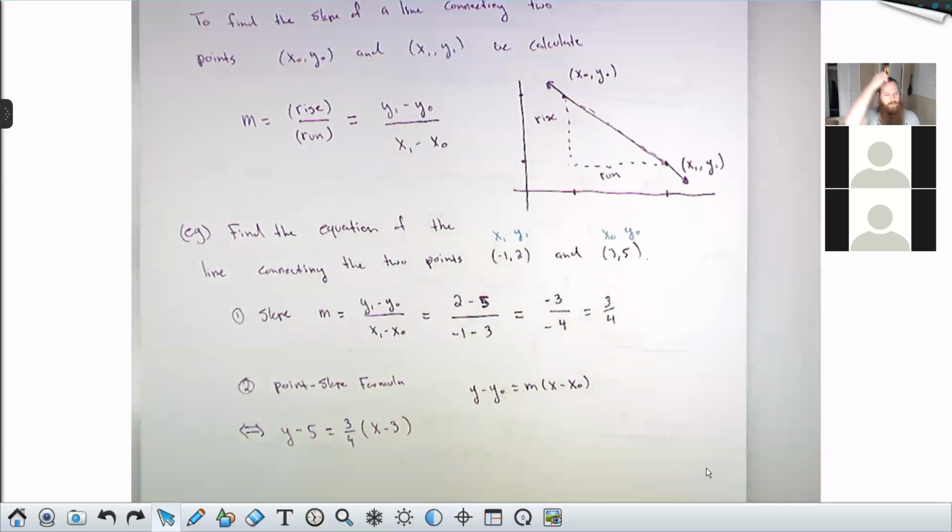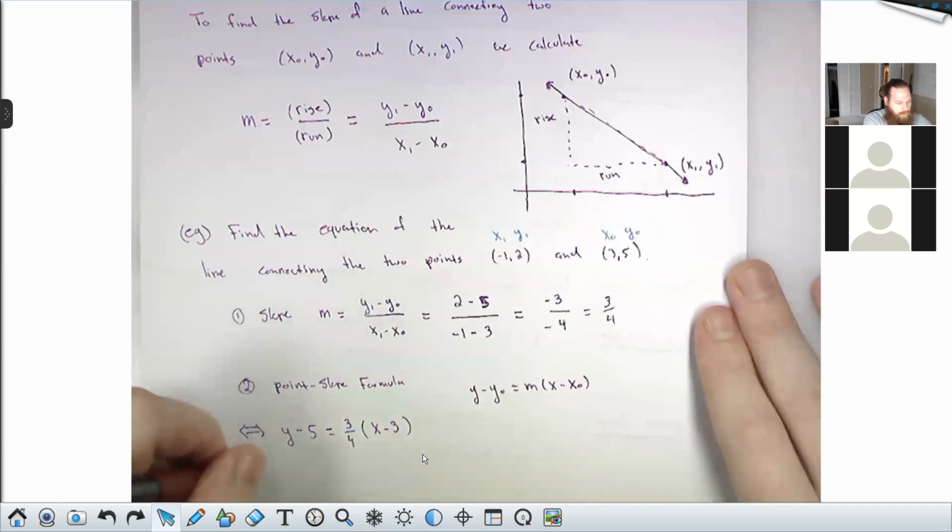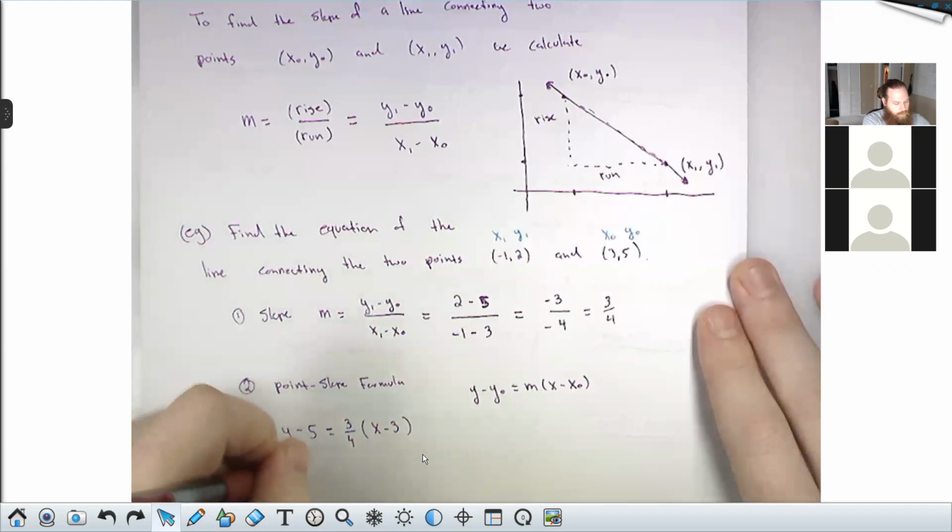And this is good. You can stop here. All right, you're done. You have now the equation of this line. That is the equation of this line. If you want to, you can put this into the form y equals mx plus b. You can put this into the slope-intercept form to see what that y-intercept is.